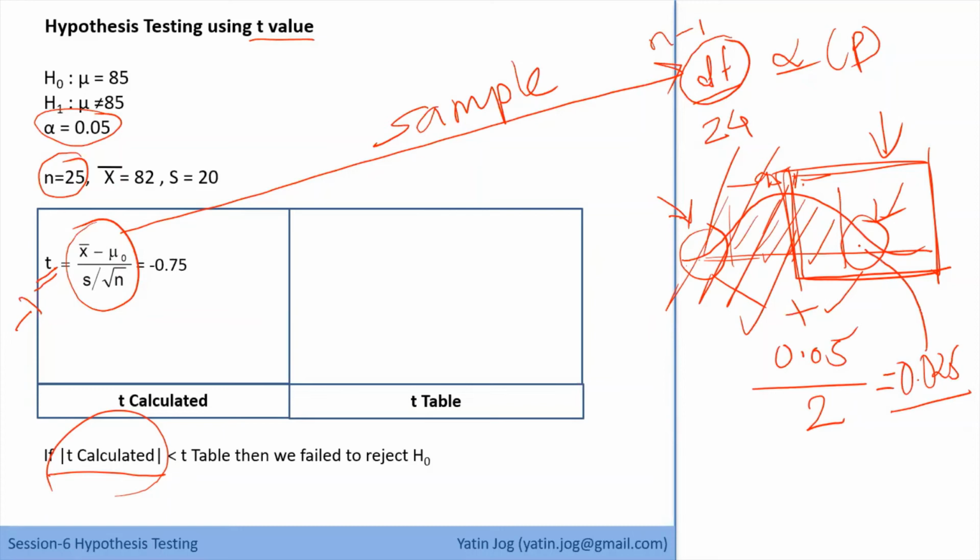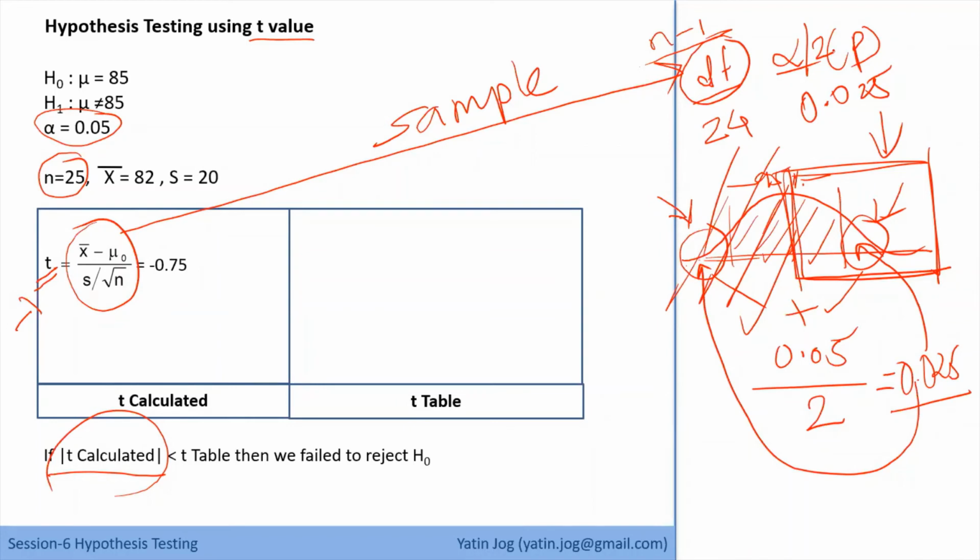This is 0.025 and this is 0.025, that's why the addition is 0.05. So my alpha or probability value is 0.025. This is how you always read the T table: degree of freedom as n-1, and the p value is always alpha by 2.